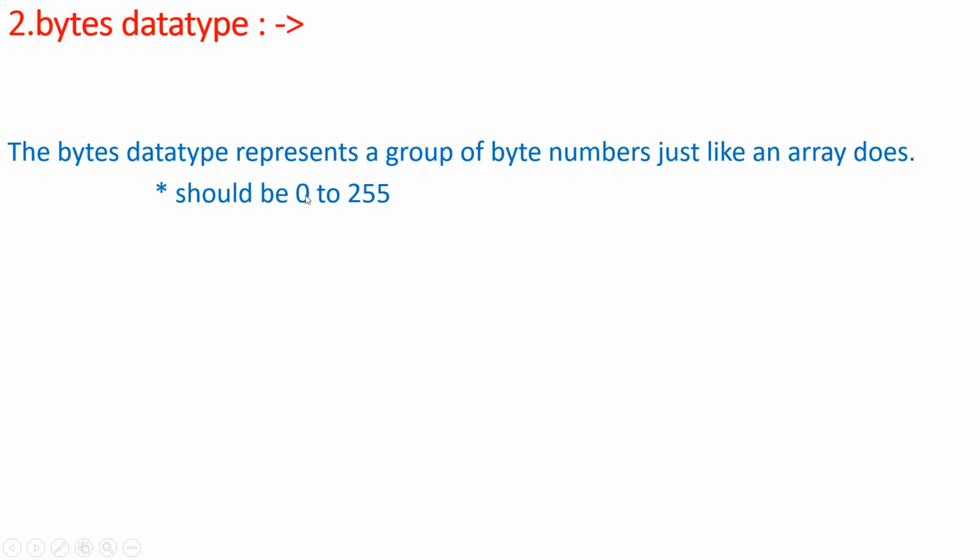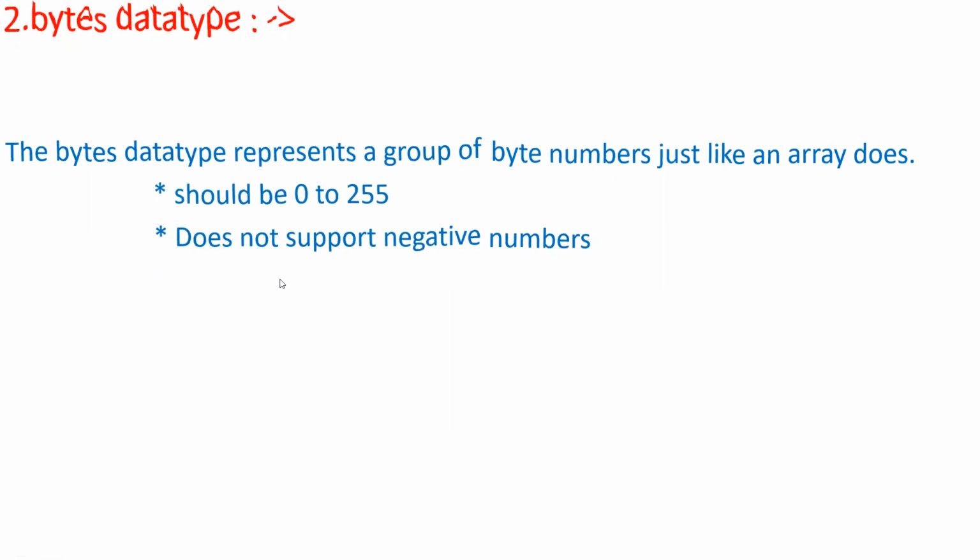Remember, all the numbers placed within the bytes data type must satisfy two things. First, it should be an integer. Second, it must be within the range 0 to 255. Also, it does not support negative numbers. Already I explained, you can't put negative numbers because the range is only 0 to 255.